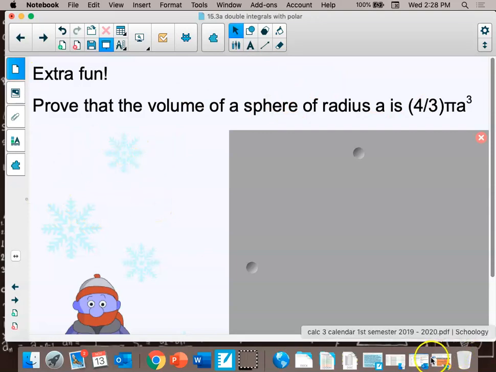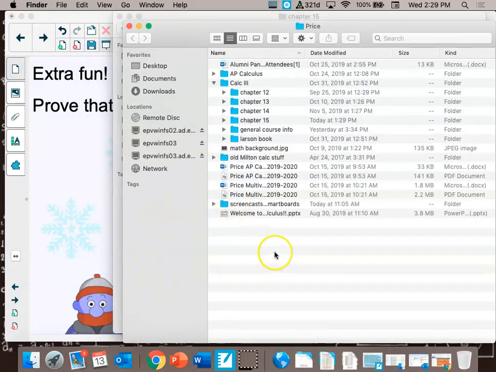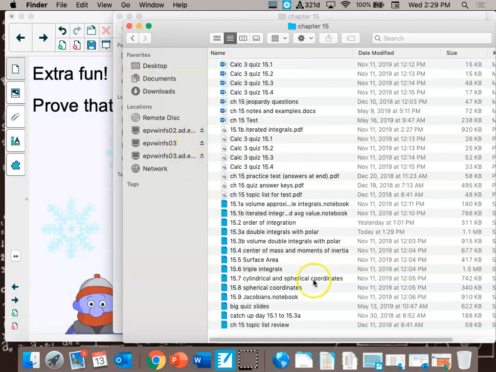All right, but I was looking through my, I don't know if I still have it up. I have one more example that I want to pull out. Oh, gosh. Here, let me see if I can find it. Chapter 15. We used to do polar over 2 days. Here we go.